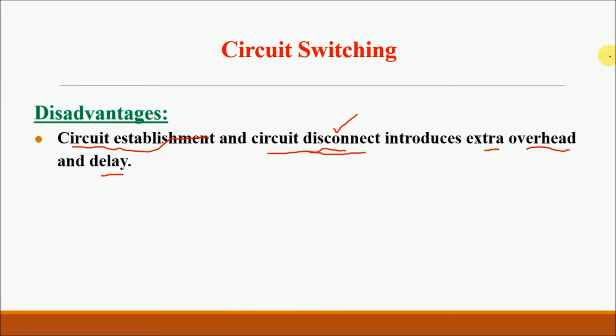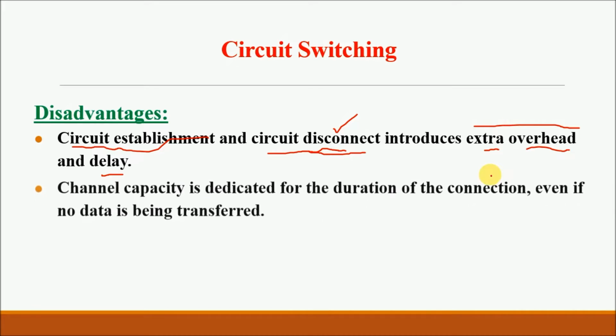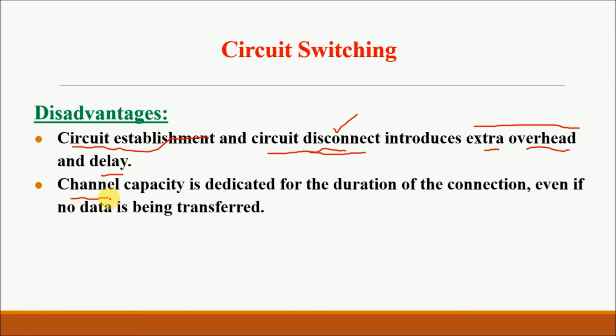For this reason, some extra overhead will be required. Number 2, channel capacity is not utilized properly, because channel capacity is dedicated for the duration of the connection even if no data is being transferred.